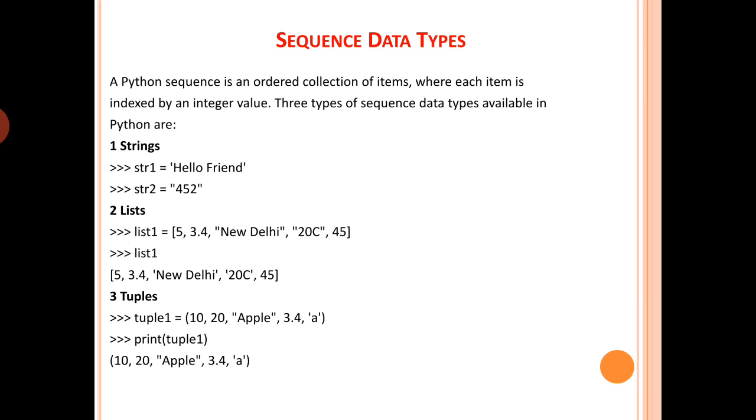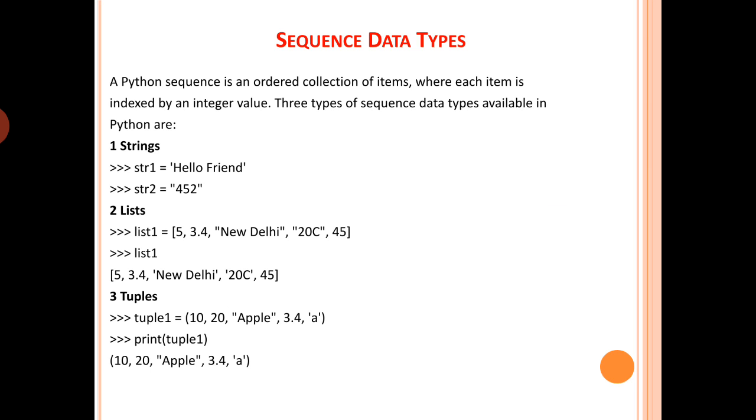Tuple. Tuple is a sequence of items separated by commas and items are enclosed in parentheses. This is unlike list where values are enclosed in square brackets. Once a tuple is created, we cannot change items in the tuple. Similar to list, items may be of different data types. Now let me explain it with the help of an example.